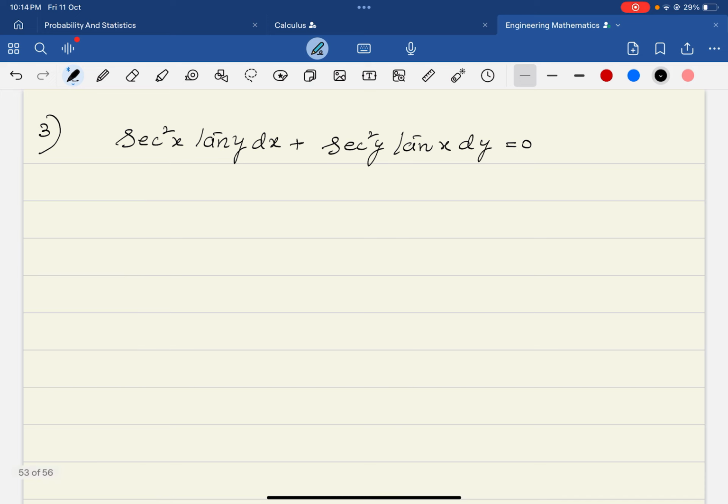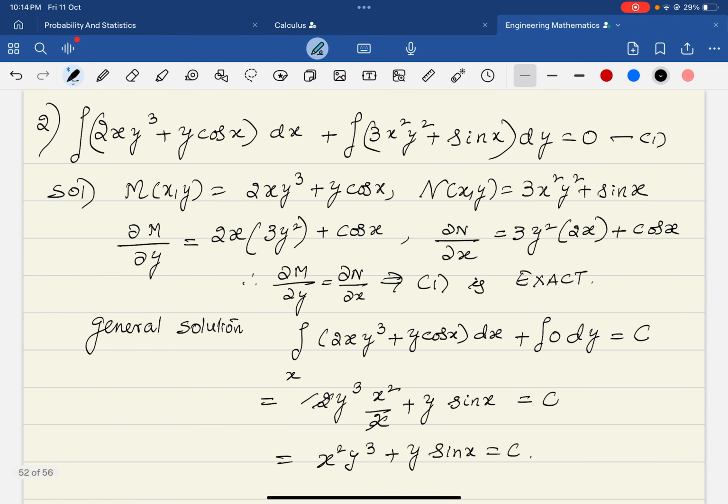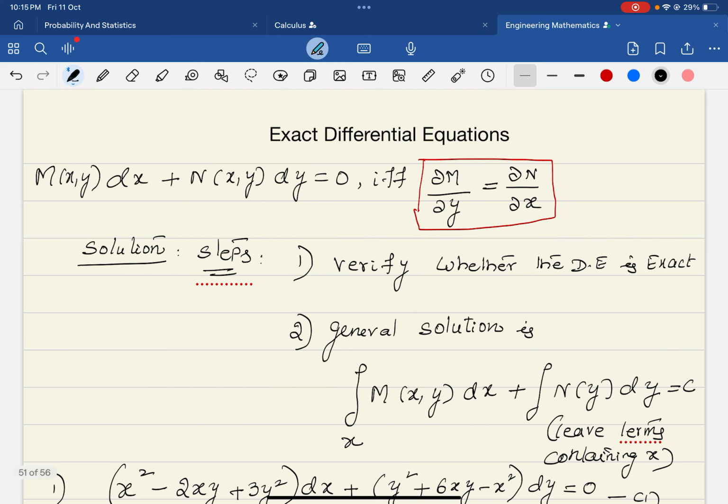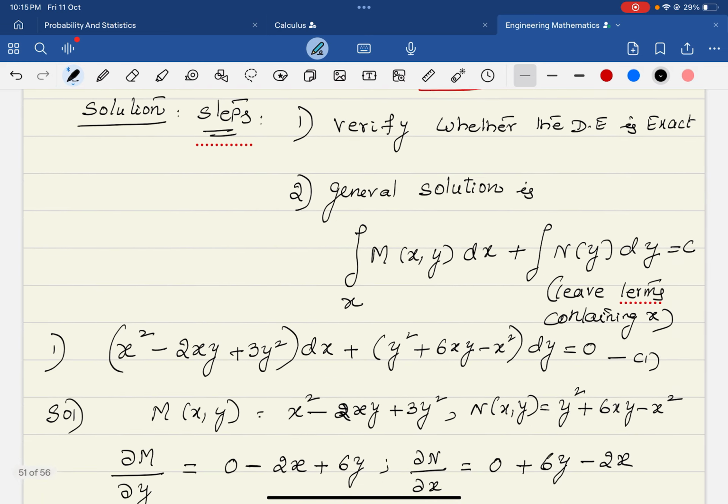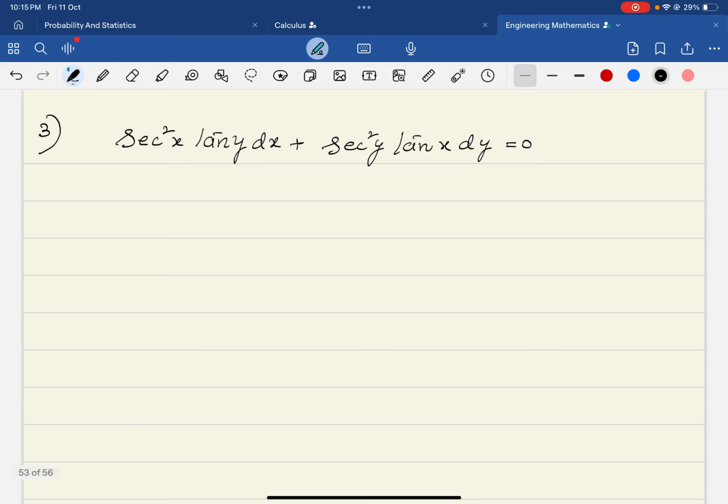This is the differential equation. Here also I wrote it as integral. I'm sorry, dear students. So the equation is only this one, right? In the previous one it is 2xy cube dx and 3x square y square dy. That's it, I didn't write it. Okay. So the third equation is this.